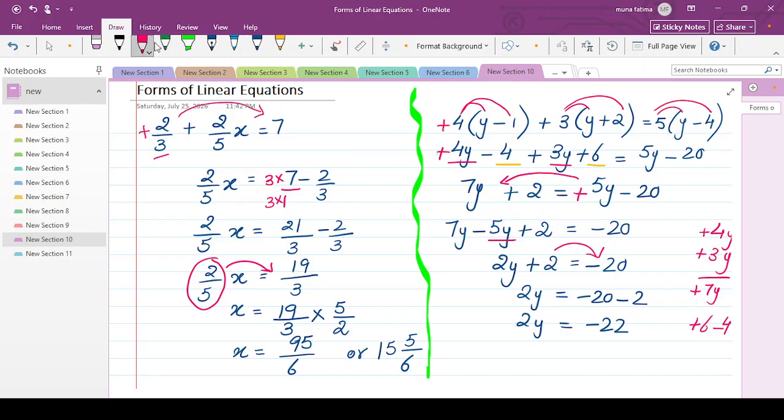And we only have this 2, which is being multiplied by the y. If I want to take it to the other side, since it was being multiplied over here, when I switch the sides, it ends up as a denominator, dividing the minus 22. Last step, y will be equal to minus 22 over 2, or y will be equal to minus 11.